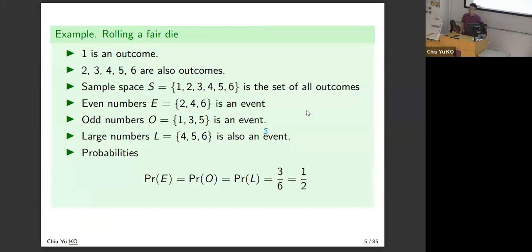So probably those who haven't learned set theory would wonder how I write things in this way. Okay. So this is the way that all modern mathematics is written, called set theory. Set theory says that a collection of items is represented by curly brackets, and each item is separated by a comma.